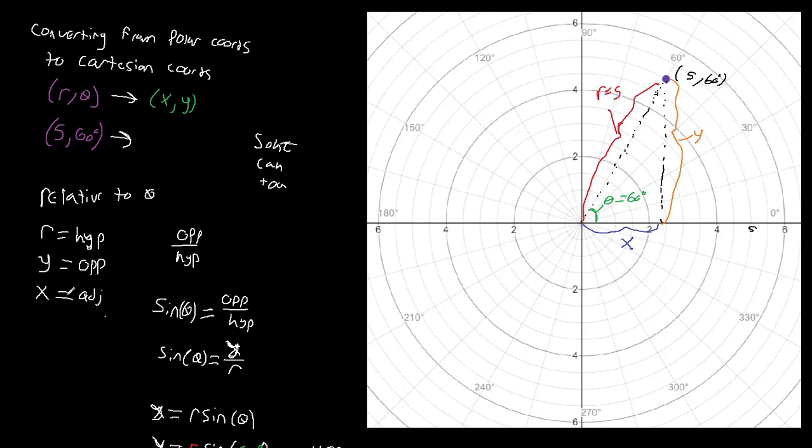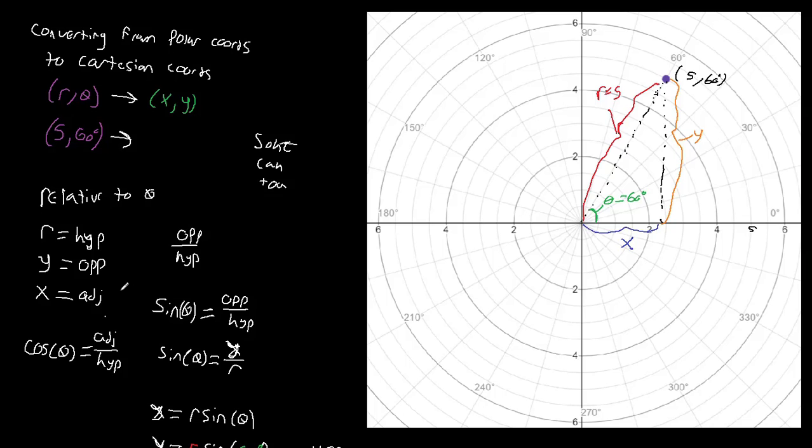So let's talk about x. X relative to theta is adjacent. So if we wanted to find x, our cosine of theta is going to be equal to adjacent over hypotenuse.